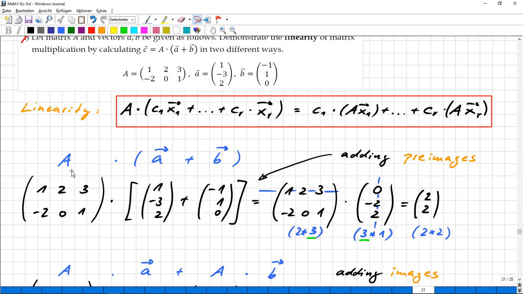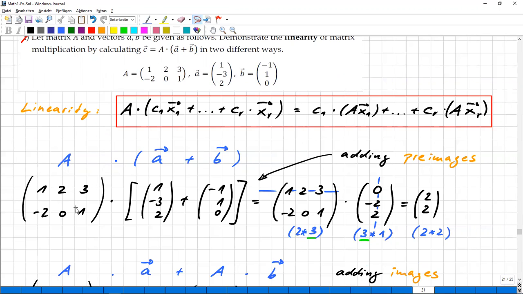By the way, this is a so-called projection. This kind of rectangular matrix has the property that it reduces the number of dimensions. There are many very interesting applications. For example, this could be used to build a two-dimensional projection of a three-dimensional space.